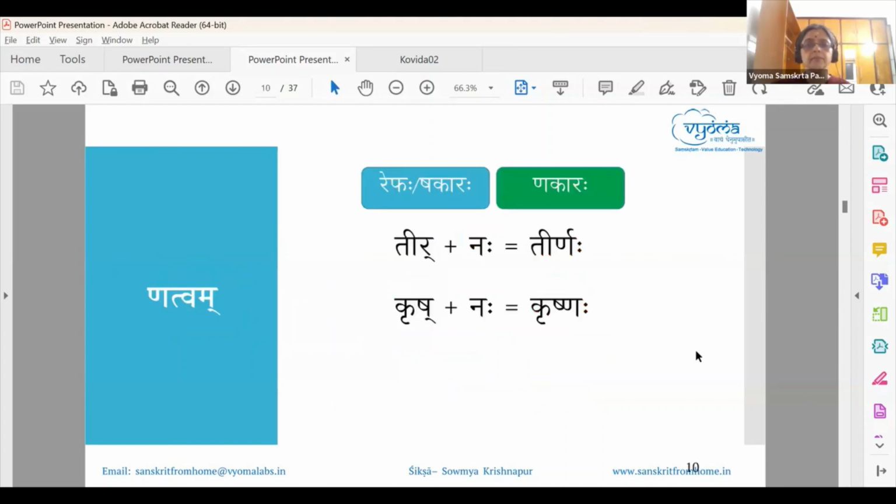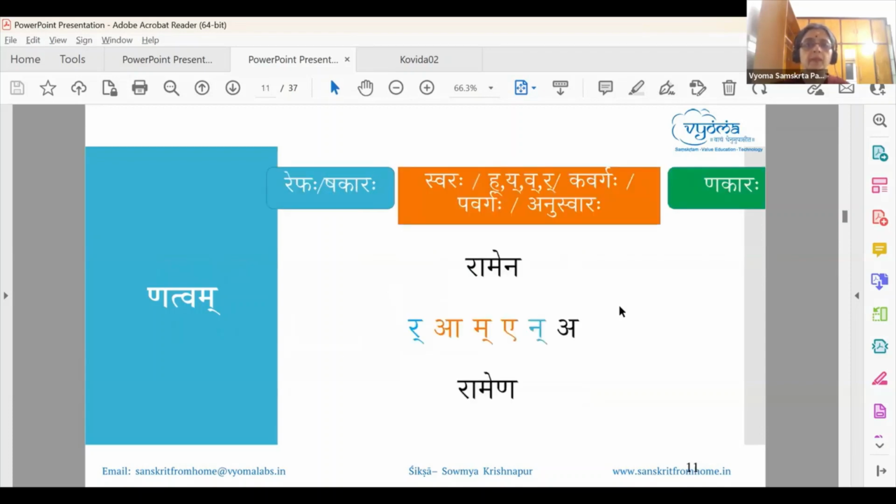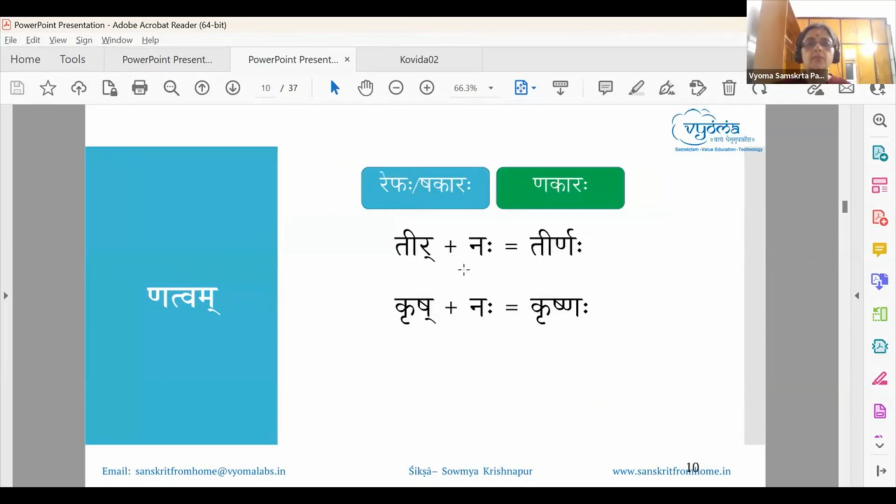Then the next part is about this: since there is a nakara in the shanach pratyaya, we should also know where to make it into na. The natva karya should also happen, like we saw in kurvanaha, etc. So we know the natva rules. When there is a repa, shakara, or even a rukara, that is the swara varna, rivarna, there the nakara becomes nakara.